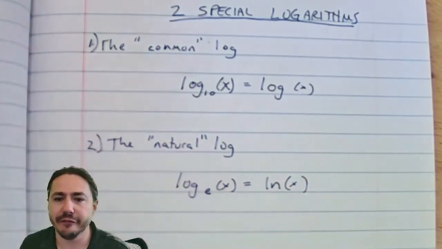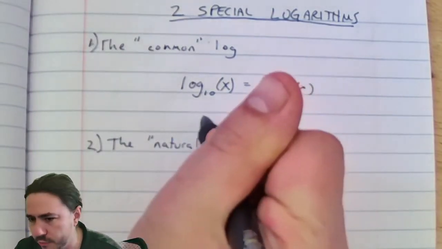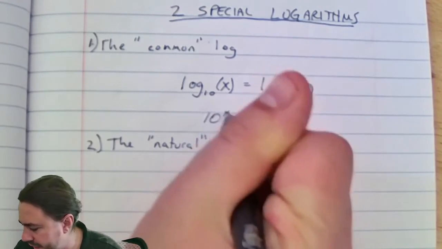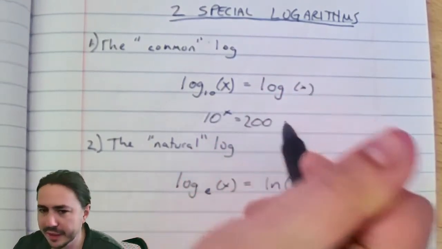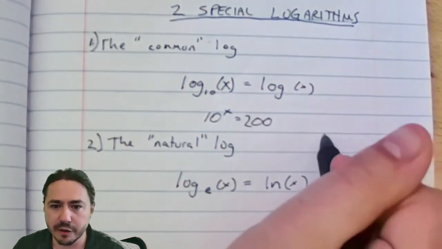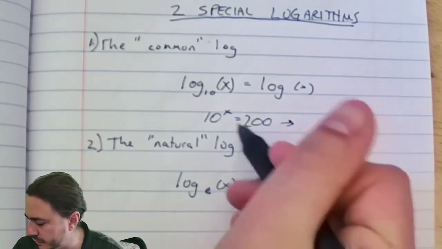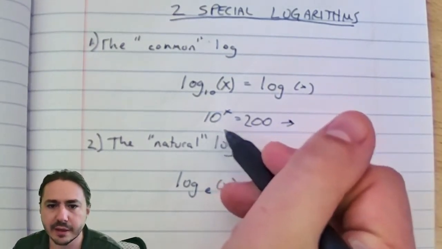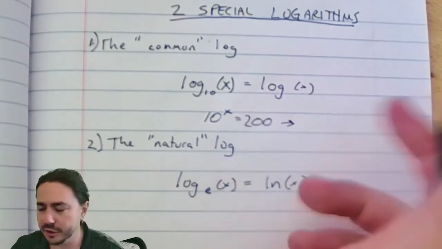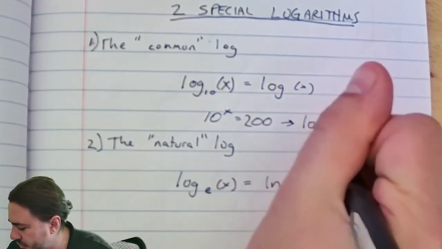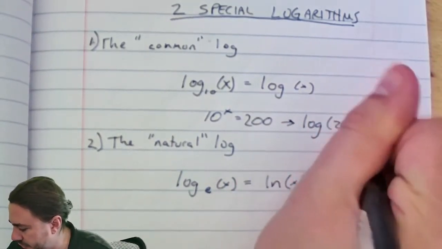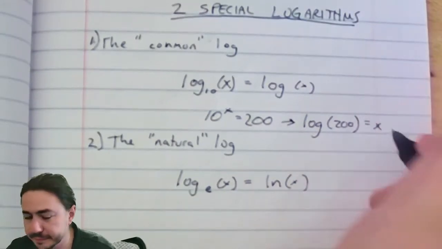So if I say, oh, go ahead and write 10 to the x equals 200 in logarithmic form, you're not going to write log base 10 of 200 is x. You're going to say just log of 200 is x.